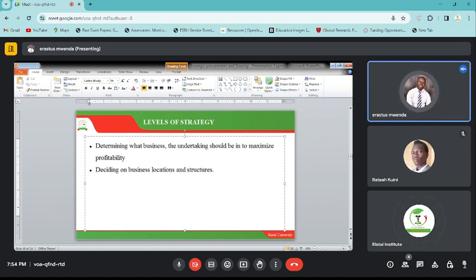Then we have what we call a reactor. These kinds of organizations are not very consistent or proactive. Their work is to keep watching what is happening in the environment, and then they react. They do not have specific strategic directions that they are taking. Yeah. So they see whatever is happening in the market.